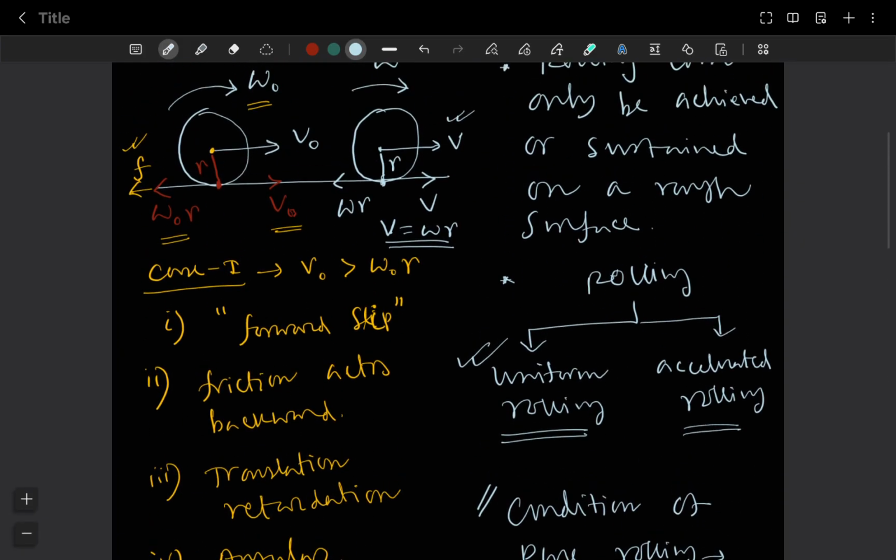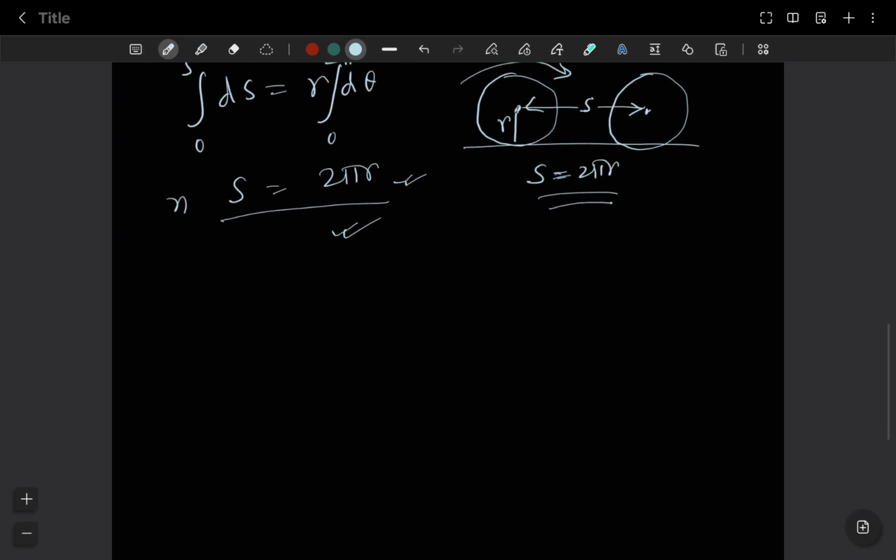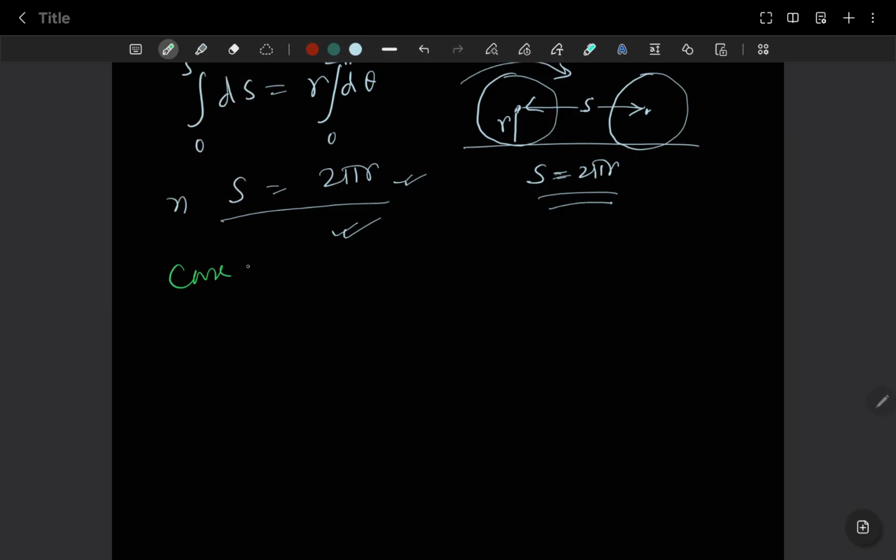So now case 2 will be a lot easier. Suppose the initial velocity is v0 and the angular velocity is omega 0.